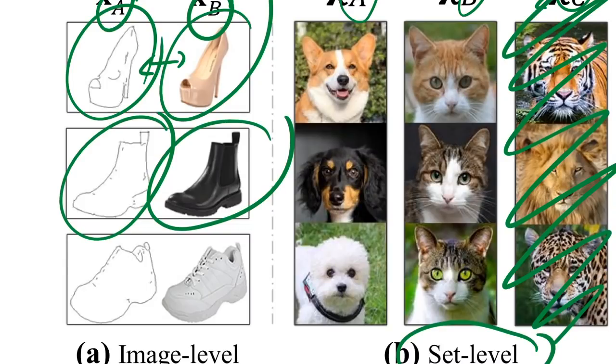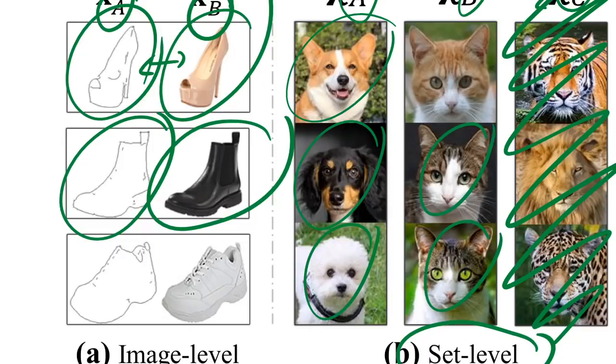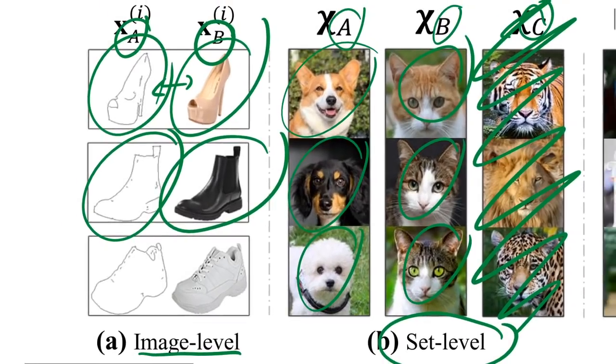Now I just know that these things are instances of class A and these things are instances of class B. Yet there's no correspondence, right? There is no 'this corresponds to this'. So image-to-image translation is now possible between domains when I just have domain level labels.